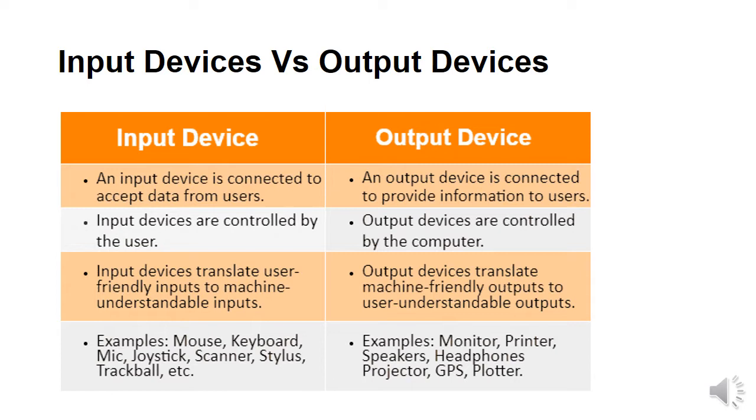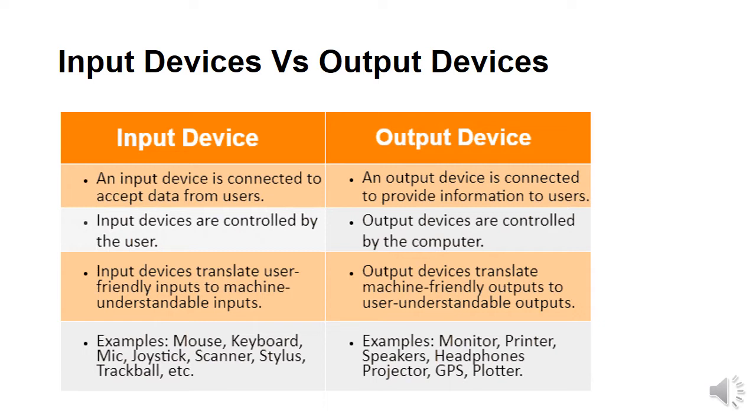Input devices are controlled by the user, whereas output devices are controlled by the computer. Input devices translate user-friendly inputs to machine understandable inputs. This is because the computer users are people, so they use human language.